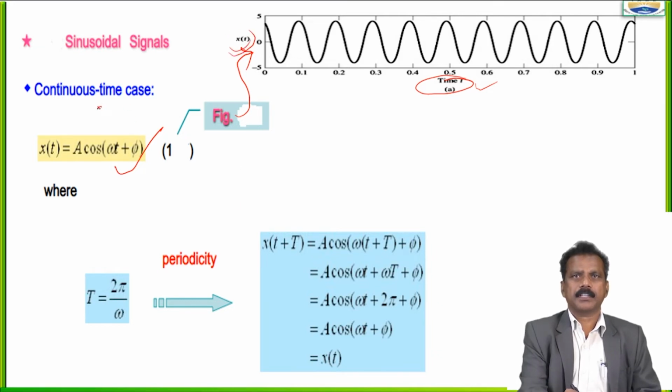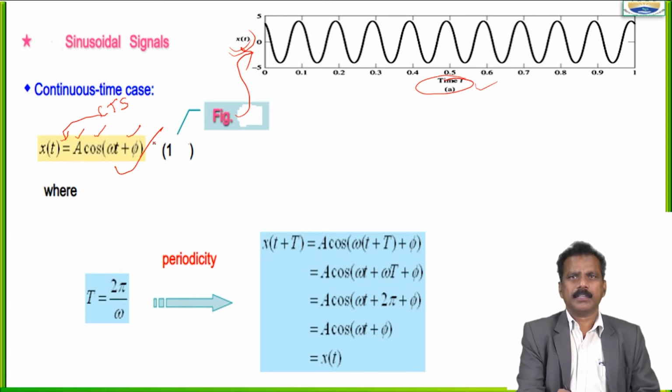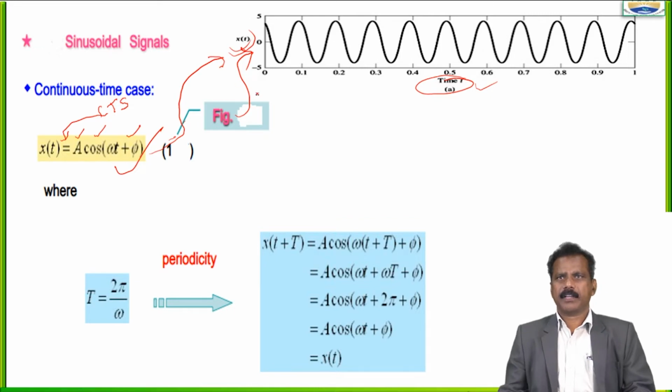The continuous time signal x of t is equal to A cos of omega t plus pi, and graphically its representation appears as time versus x of t.